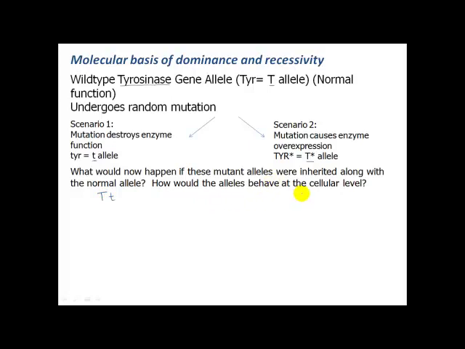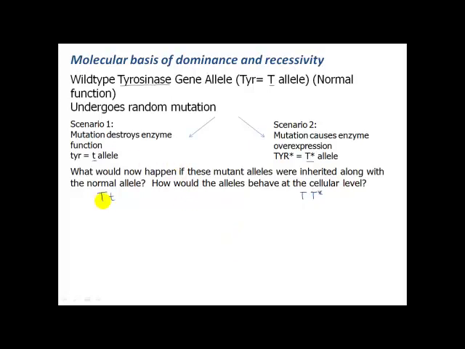And on the other hand, what would we expect the phenotypic expression to be in an individual that has one wild type allele and one hyperactivated allele expressing too much or overactive tyrosinase enzyme? So again, take a moment, pause the video, make your predictions, think about what you think would happen under either of these two scenarios.